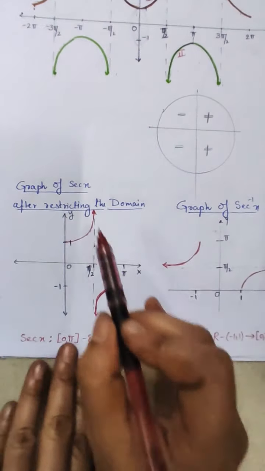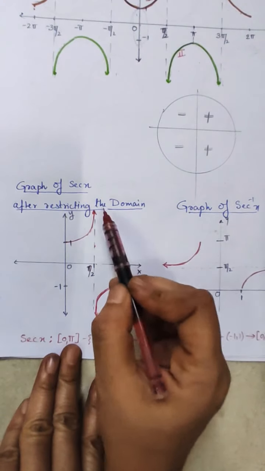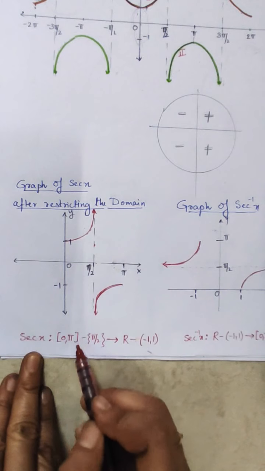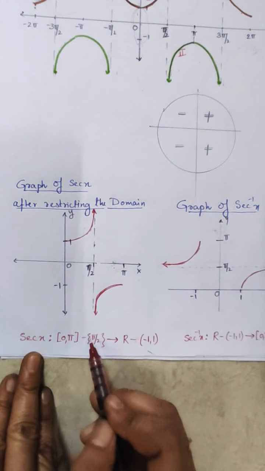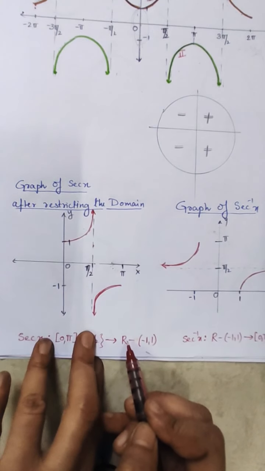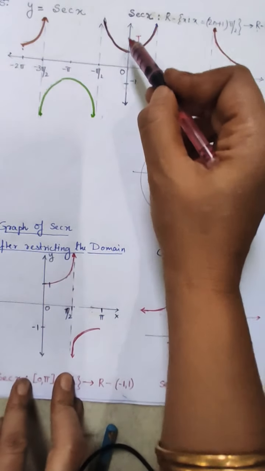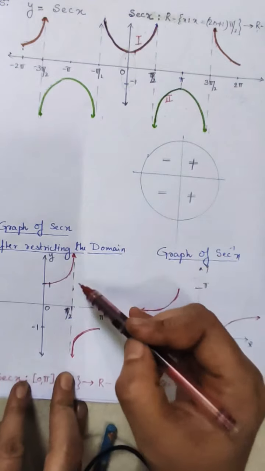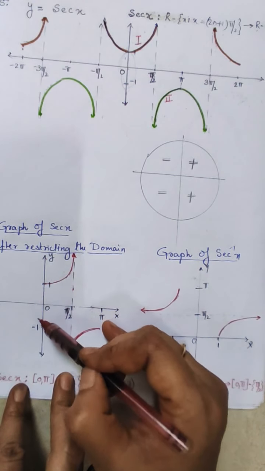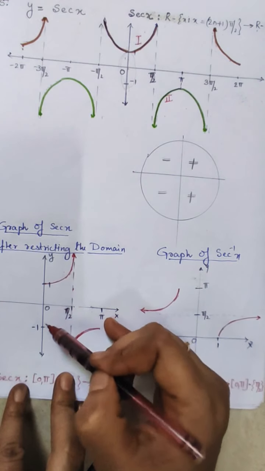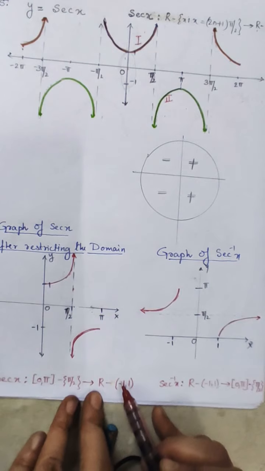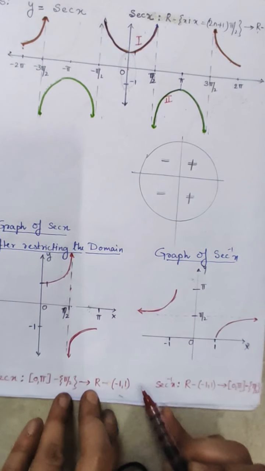See the graph of sec after restricting the domain: sec x is the closed interval 0 to pi, removing pi by 2, and the range is the same, all real numbers except the region minus 1 to 1, that means R minus the open interval minus 1 to 1.